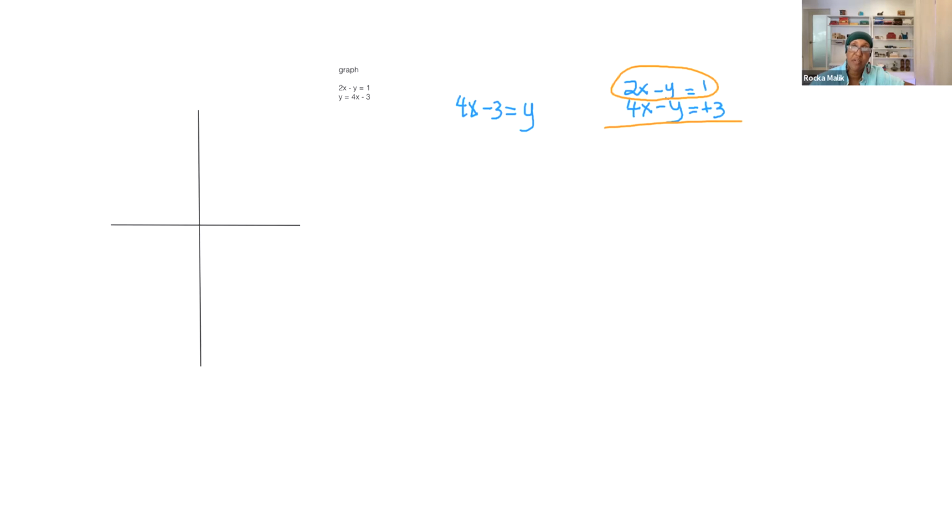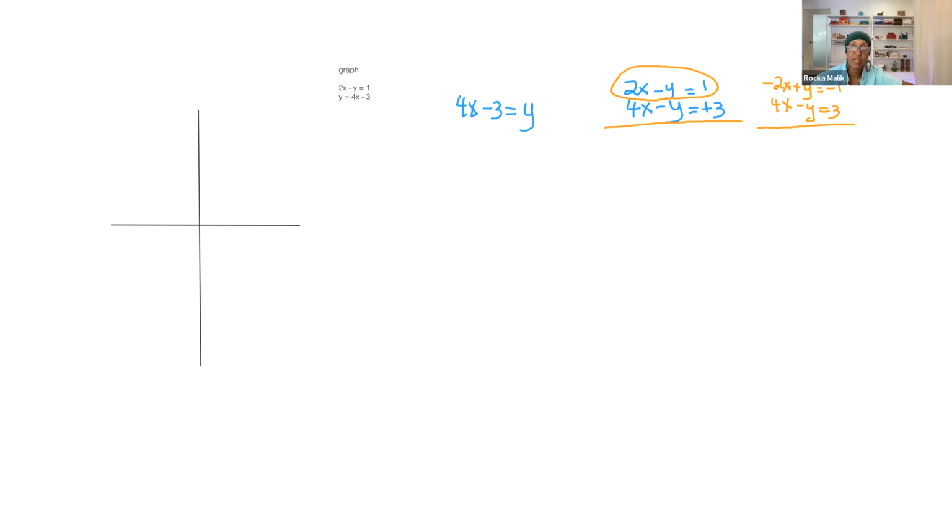So minus 2x plus y equals -1. And then I'm gonna rewrite this equation the same way, because I didn't do anything to it. And now I'm gonna add these equations together.